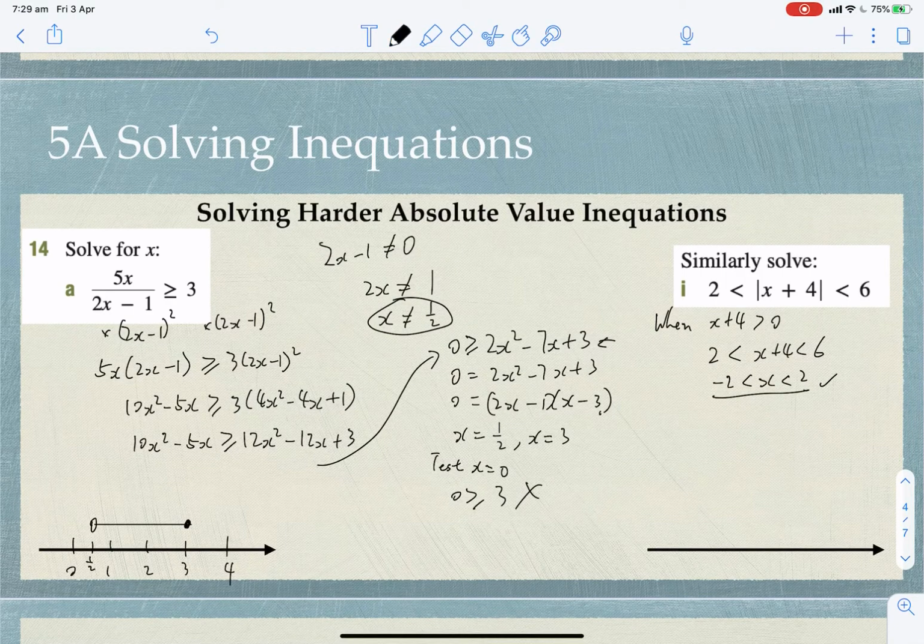Okay, this makes sense. Right, the other one, when this is less than 0. Now this is tricky. So 2 less than minus (x plus 4), less than 6. If this term is less than 0, then there should be a negative sign there, isn't it? So we times all the terms by negative 1, so we flip all the signs.